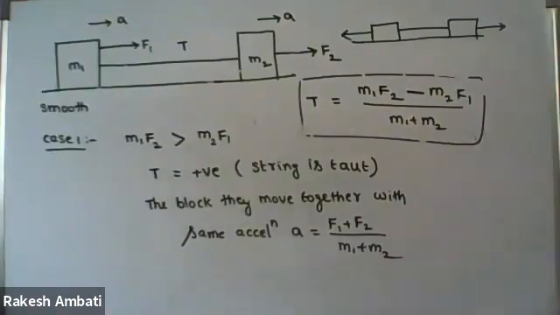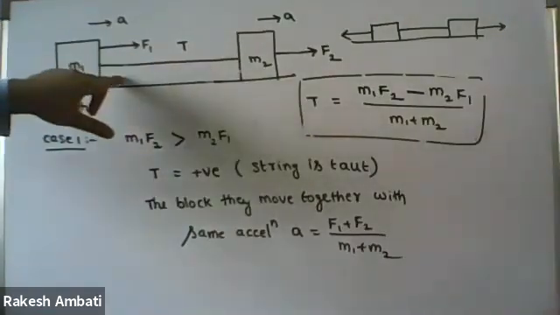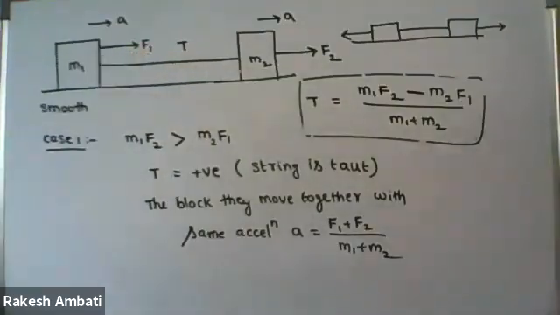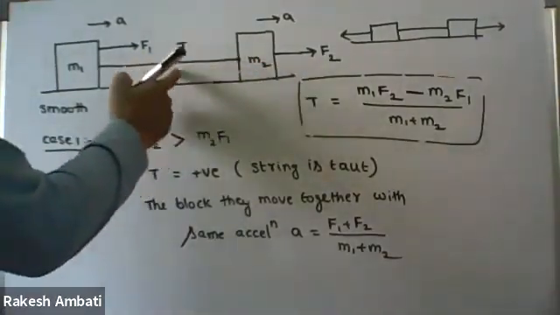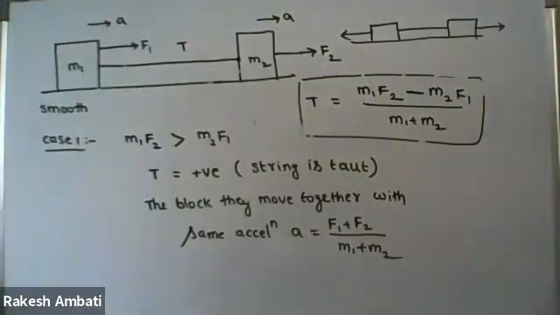Okay. Sir, I understood that the string will be taut, but I'm sorry, I'm unable to understand how the acceleration will be the same for both the blocks. Tension force will be the same at all points. You accept? Yes, sir.